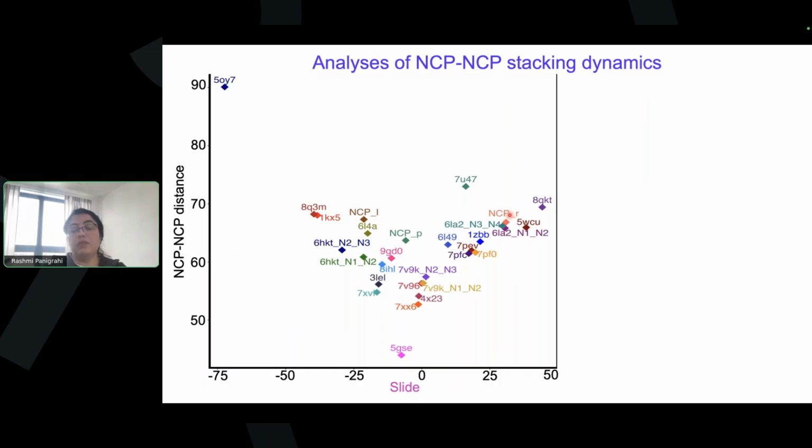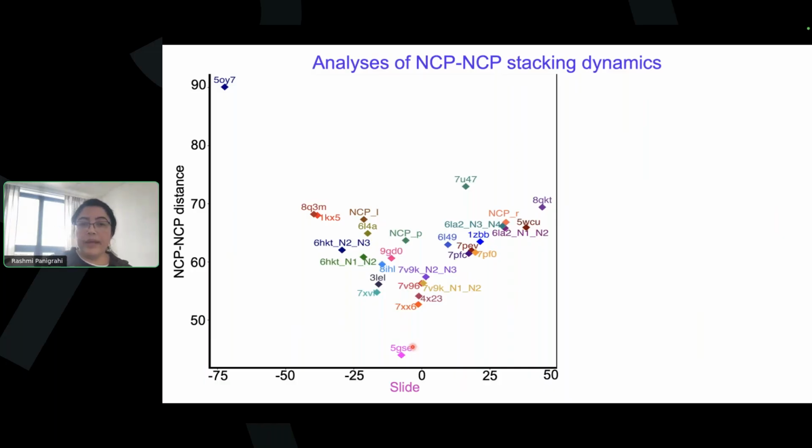What that means is that at higher NCP-NCP distance, the slide can be either positive or negative: NCP2 can be moving towards the left, which is negative slide, or towards the right, which is positive slide. But at lower NCP-NCP distance, that means when the two NCPs are closer, the slide value is close to 0, as you can see here.